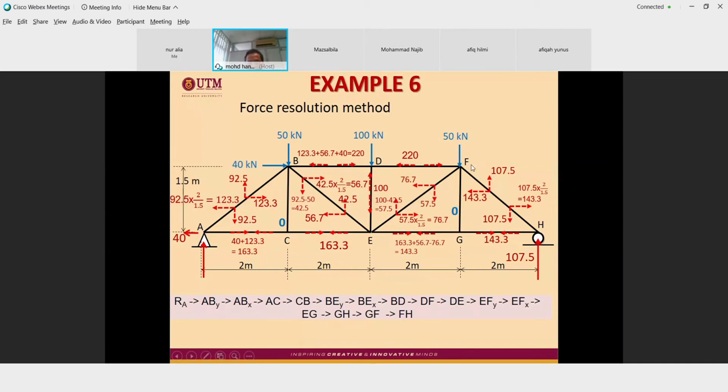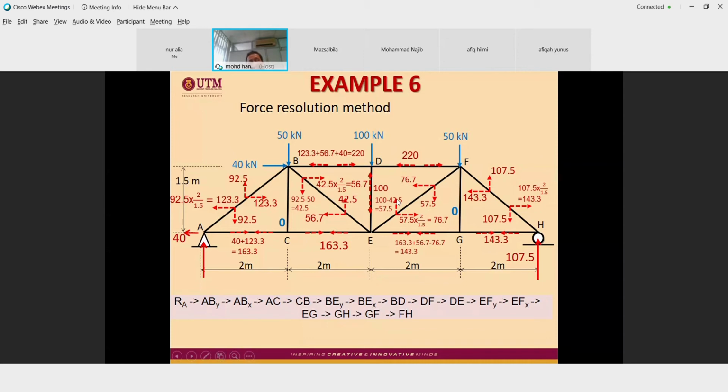Is it in equilibrium? 20 minus 76.7 minus 143.5 is equal to 0. 107 minus 50 minus 57 equals 0. So that means our calculation is correct. If it is not equal to 0, then you have to repeat or check your calculation.